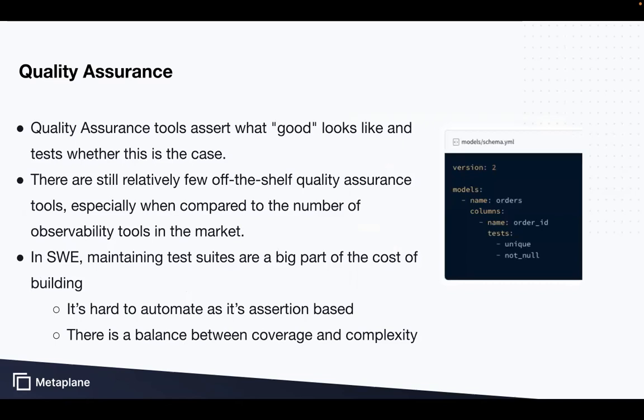So what's quality assurance then? One of the things I learned, having recently dabbled with software engineering, is you can change a few characters of code and then have to write another 30 lines of testing. So test suites are huge parts of software engineering, and so is maintaining them. What they do is assert what good looks like and whether what has happened in development or in production is the case.